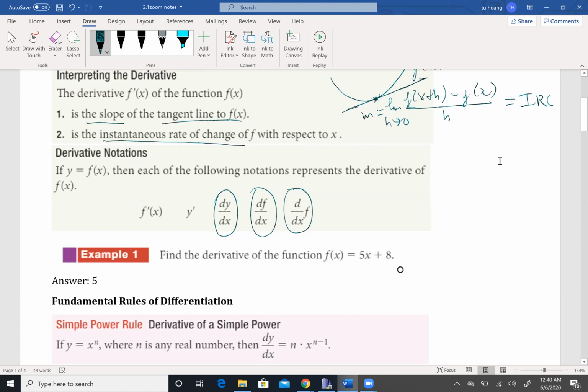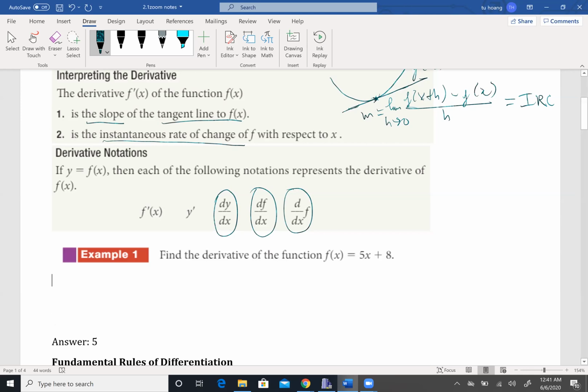Here I have example 1, and I want to find the derivative of the function f(x) when f(x) equals 5x plus 8. Here I can know right away that the derivative has to be equal to 5. Why I can know that right away, I will show you later. But for now, we have to follow the method of using the instantaneous rate of change for this function.